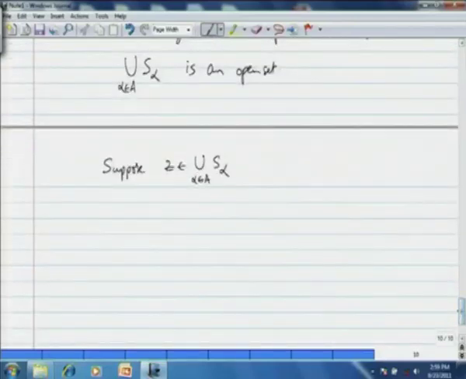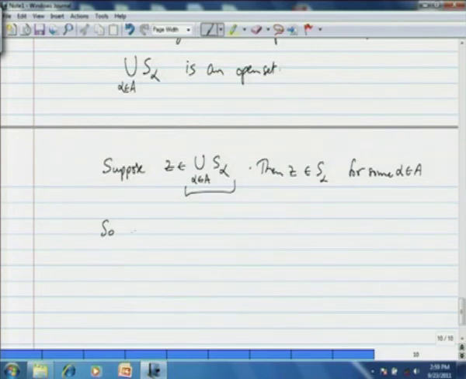So, since z is in the union, then z belongs to S alpha for some alpha belonging to A. After all, this totality is the union of such S alphas. So, if z is an element in there, then it should have come from some set S alpha.